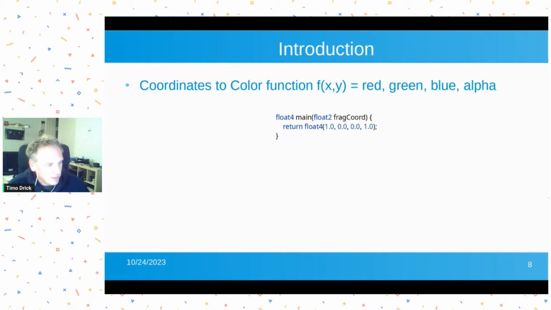And in this case, I just return float4 with the values 1, 0, 0, 1. So red is 1, and green and blue are 0, and the alpha value is 1. And then on the screen, you will see just a red rectangle.